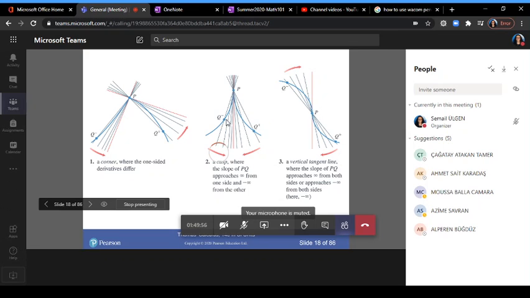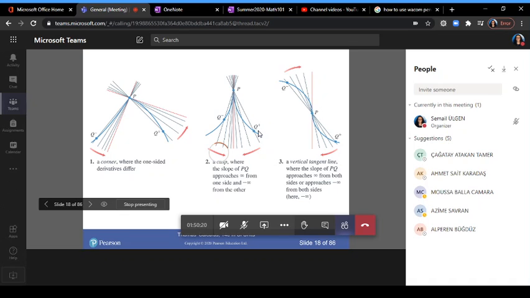As you would see, the slope is increasing and getting very big as we get close to P from the left. So the slope at P from the left becomes infinite.